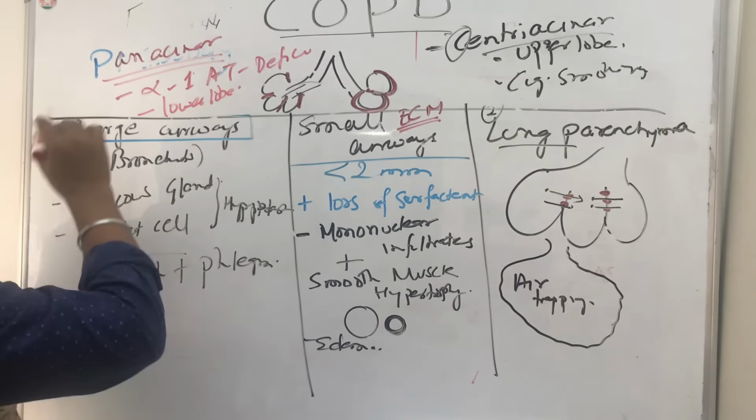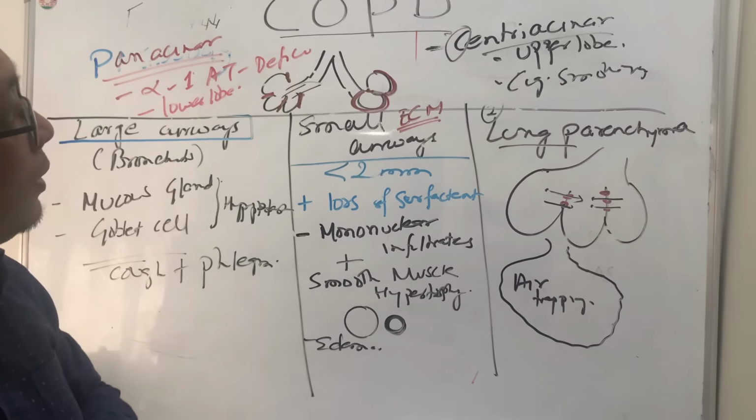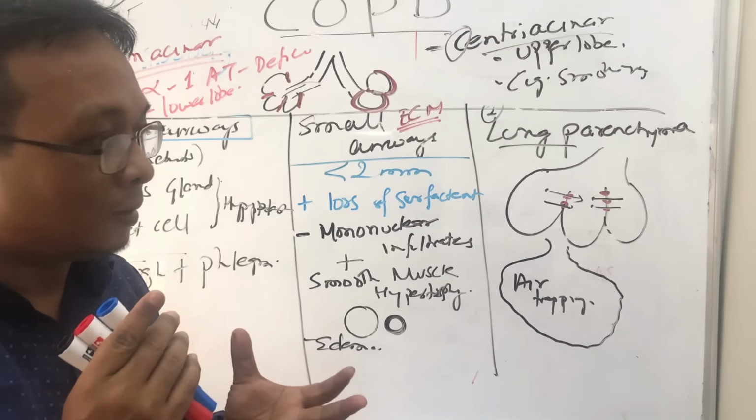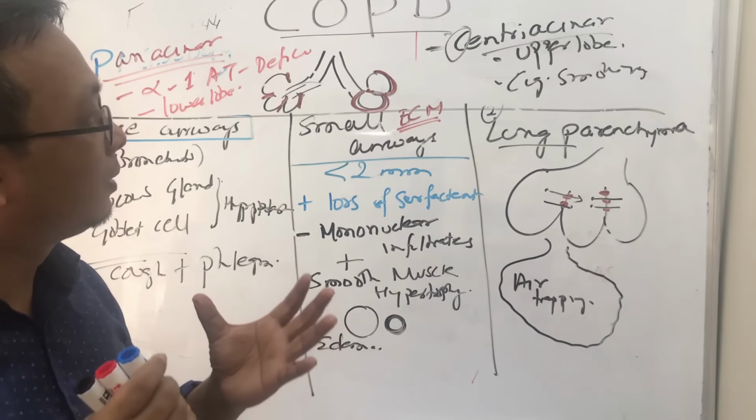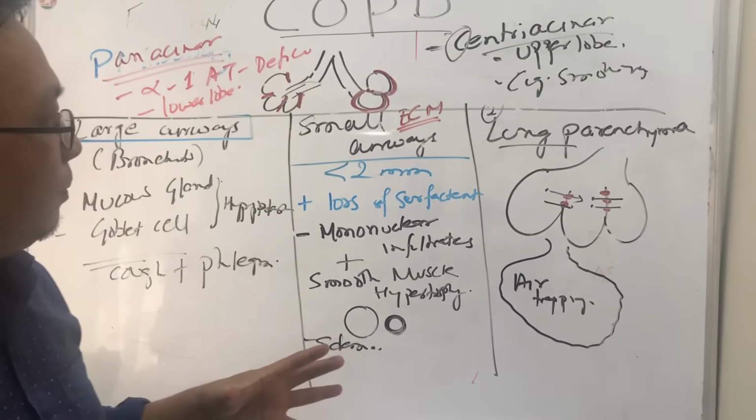As the name suggests, panacinar is scattered all over the lungs, and it is more present in the lower lobes. It is mostly associated with alpha-1 antitrypsin deficiency, while centriacinar is the most common pathological manifestation of cigarette smoking, and it is more prominent in the upper lobe.